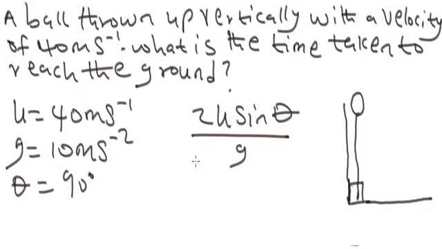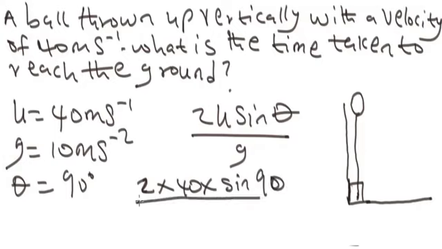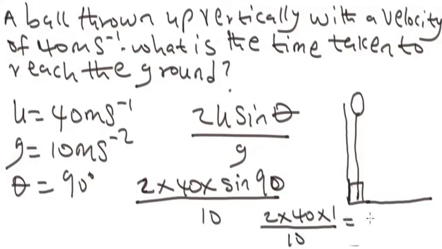The time of flight will be 2 times 40 times sine 90 over 10. When you simplify this, it is 2 times 40, sine 90 is 1 if you punch it with a calculator, over 10, which is 80 over 10.